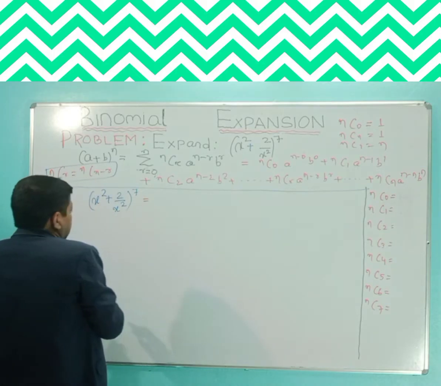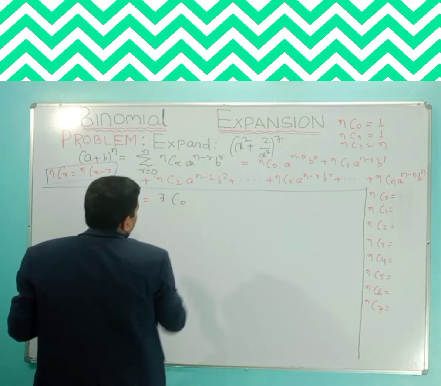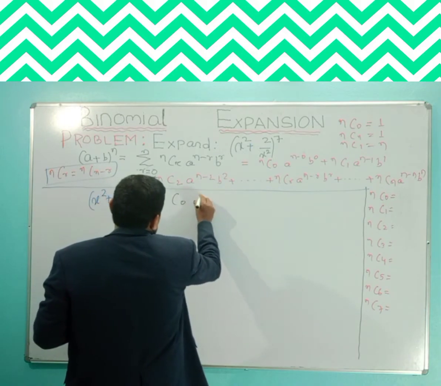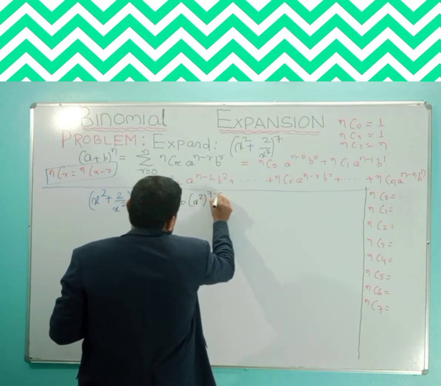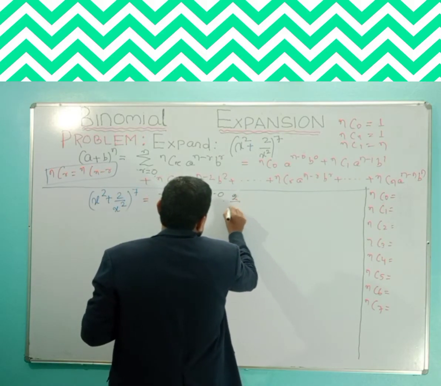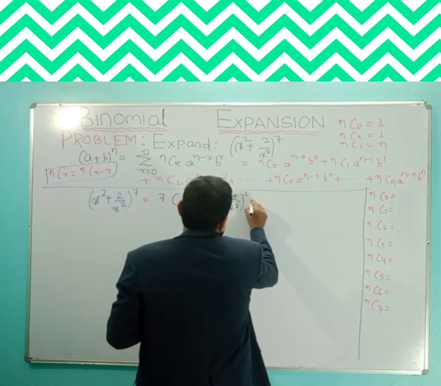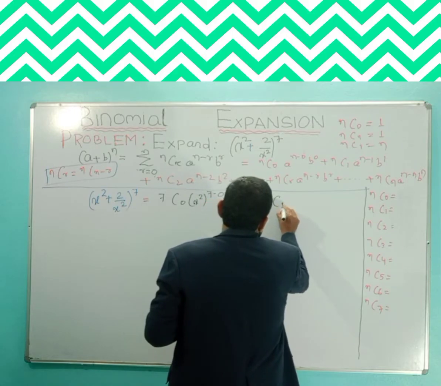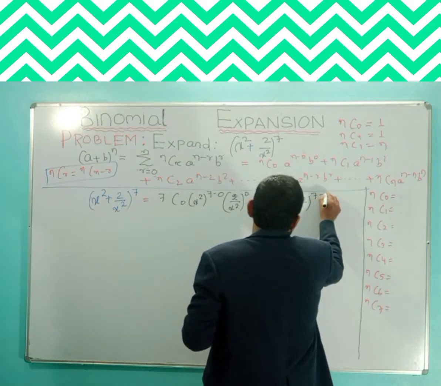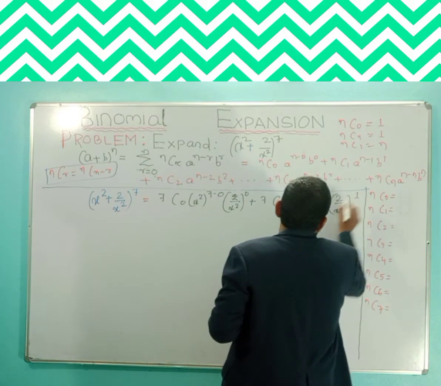Since the power is 7, it will be 7C. First we start from 7C0. Here the value of r is 0: 7C0, a to the power 7 minus 0, into b to the power 0, where b means (2 upon x square) whole to the power 0, plus 7C1, a means (x square) whole to the power 7 minus 1, into (2 upon x square) whole to the power 1, right?